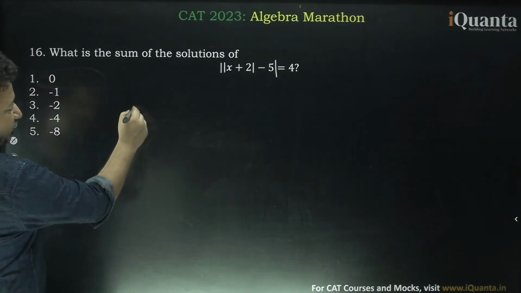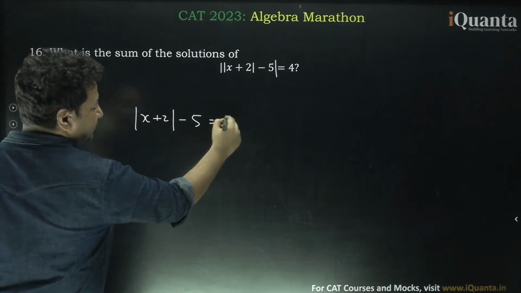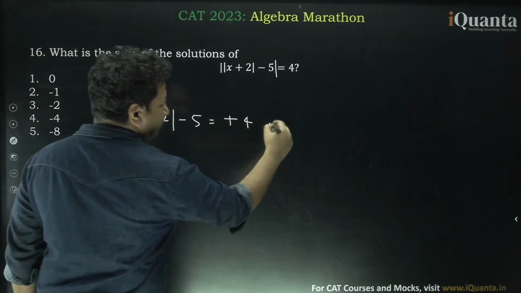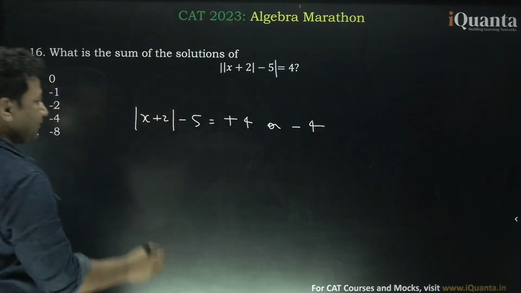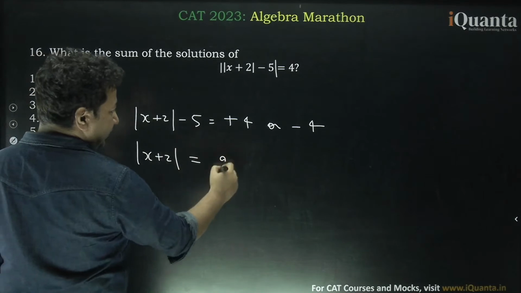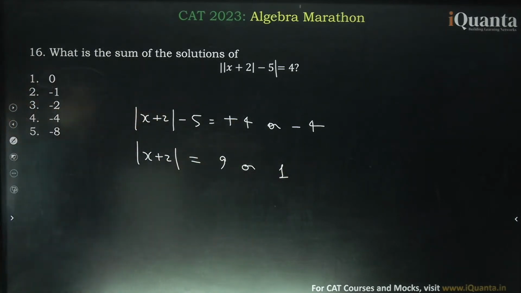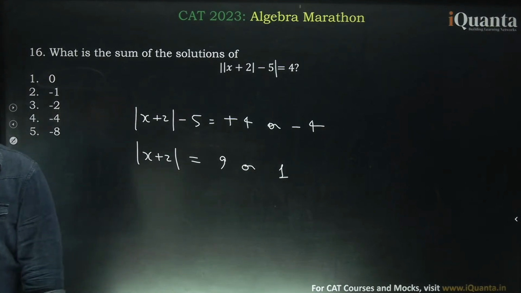Let's remove the first mod. We'll be having mod of x plus 2 minus 5 is equal to plus 4 or minus 4, right? Which means mod of x plus 2 will be equal to 9 or 1. I have sent plus 5 to the right hand side, so it becomes 9 or 1.